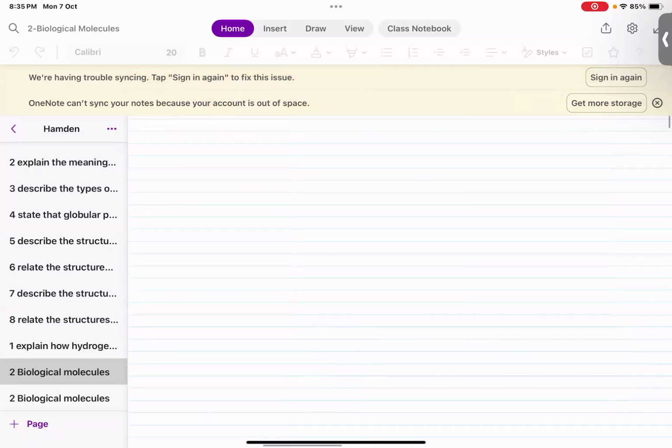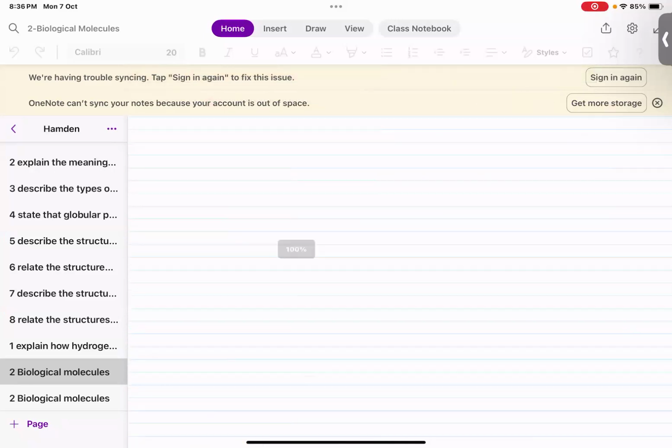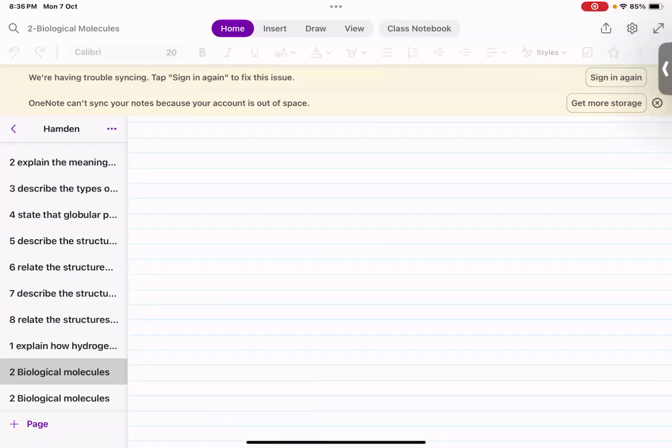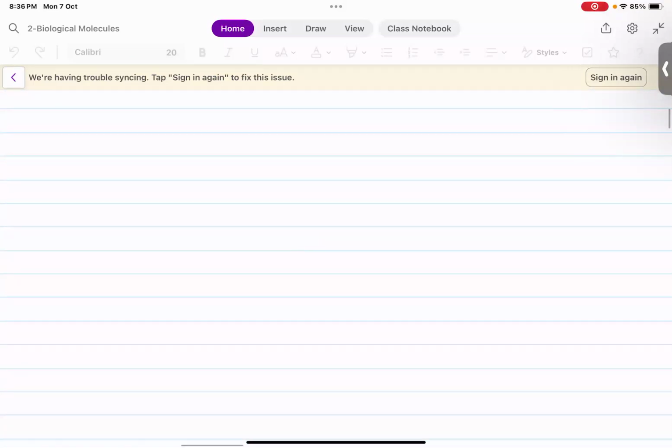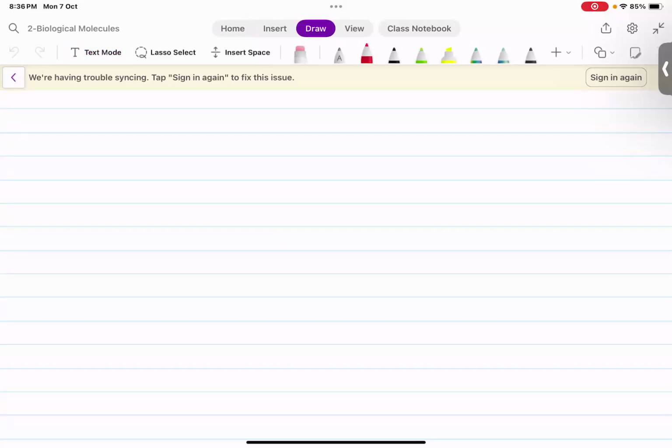Structure of fructose first, and then we will look at the formation of sucrose.